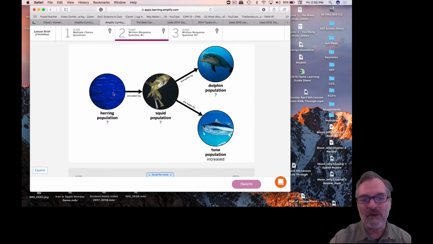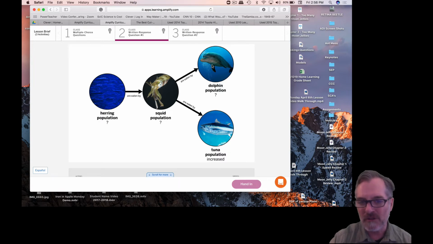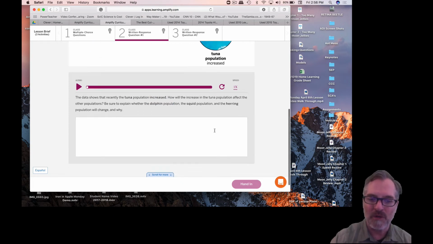It's indicating that the energy storage molecules, or the energy stored in the body of that animal when consumed by the squid, is transferred from here to here. And then when the dolphin eats the squid, the energy storage molecules stored in the animal's body will go from the squid to the dolphin, or the squid to the tuna. So hopefully that helps.